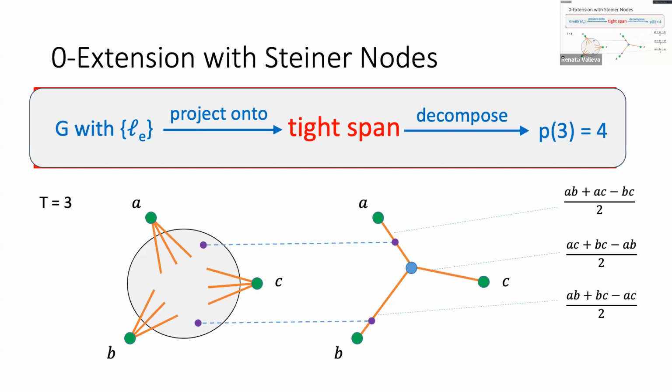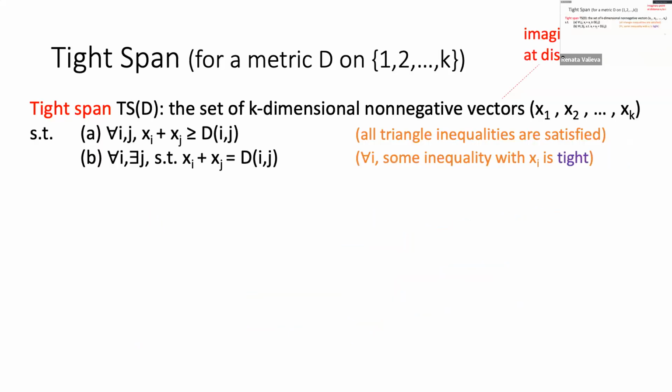Let's look at it and get a better understanding of what the tight span is. So now I'm going into the definition of the tight span. Ideally, the tight span is a set of vectors that we cannot suppress. What we have done to Q is suppress its distances to terminals until we cannot do so. The tight span contains all points that we cannot further suppress. So the input is a metric, and the tight span is represented as k-dimensional vectors.